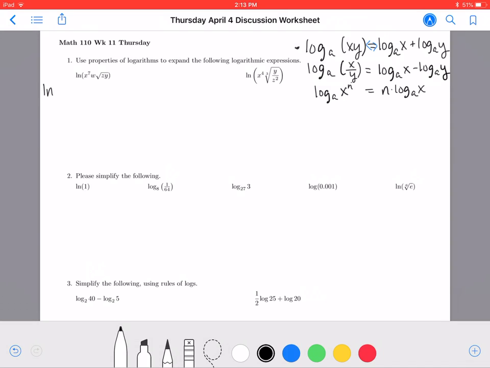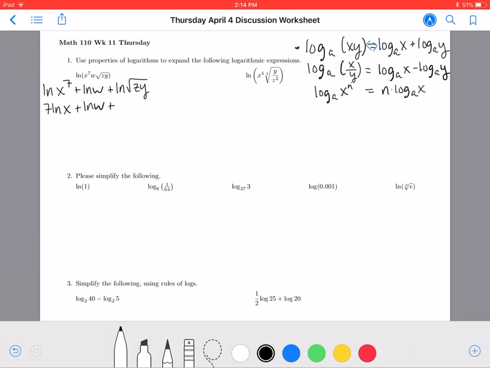This would expand to natural log of x to the 7th plus natural log of w, notice it's natural log again, plus natural log, and because the z and y are stuck under the square root right now, we're going to write it as the one term under the root. Next, to simplify natural log of x to the 7th, I'm going to use that third property. So I'm going to bring down the 7 in front of the natural log. Natural log of w stays the same.